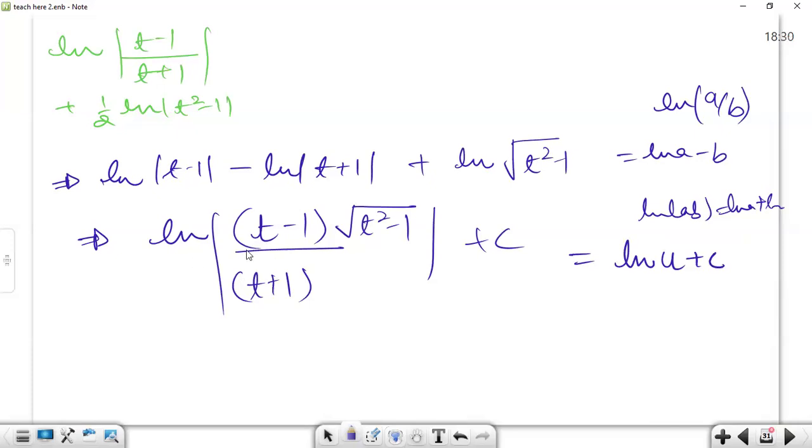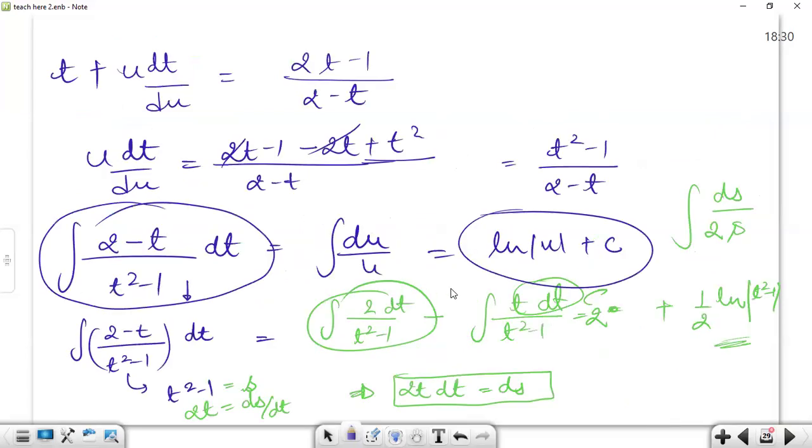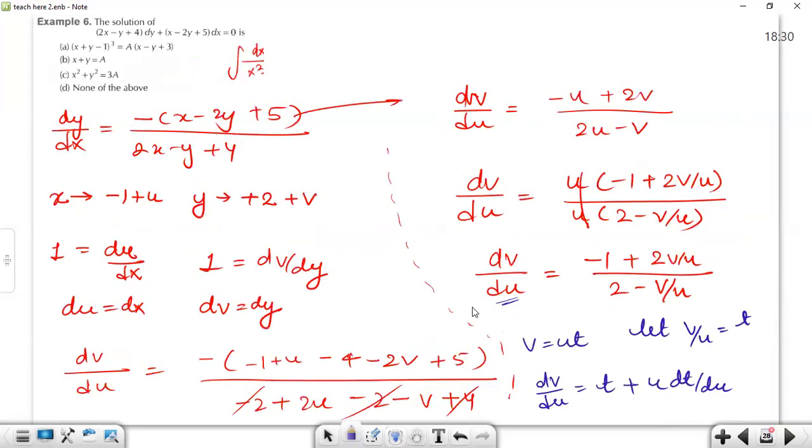Now let's back substitute the value of t.